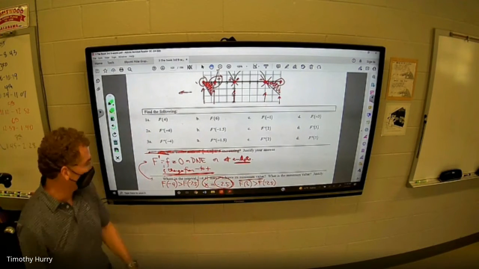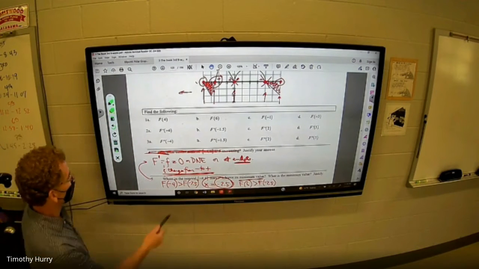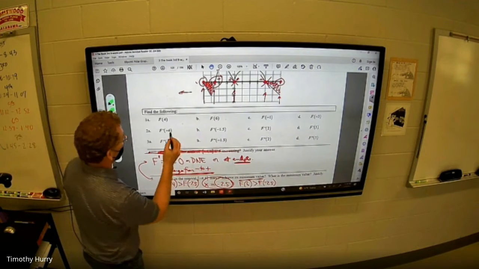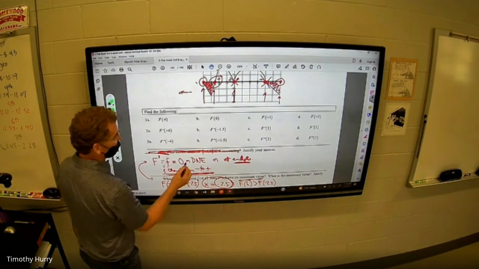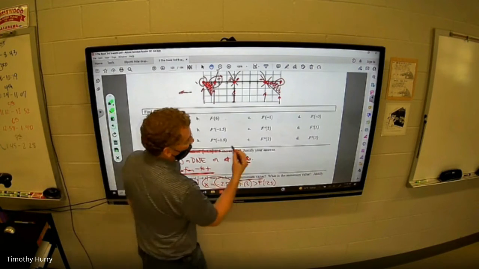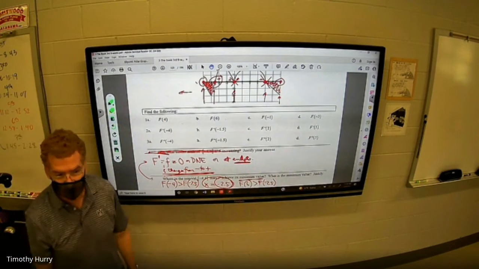Heck, you could even go and find big Fs. How do I find big Fs? I could find F of negative 2.5, F of negative 4, and F of 6. I could do that if I wanted to and just show that it was smaller.